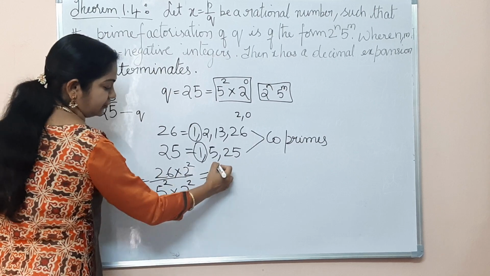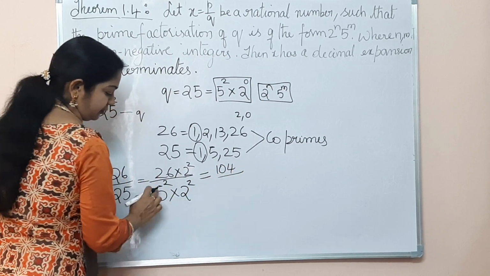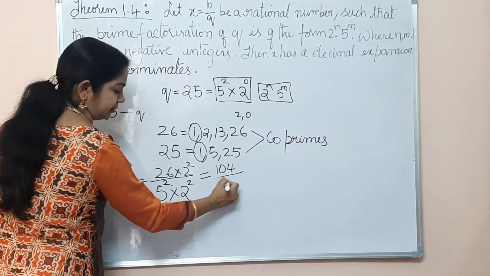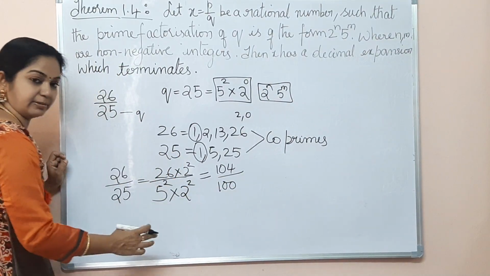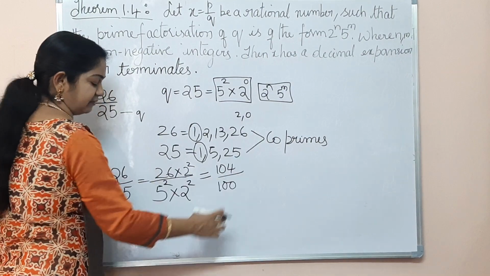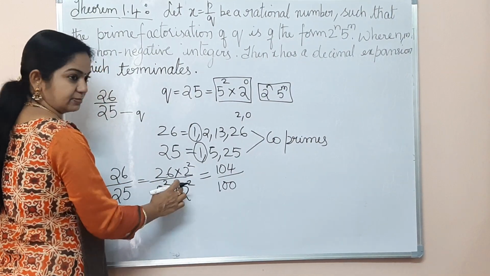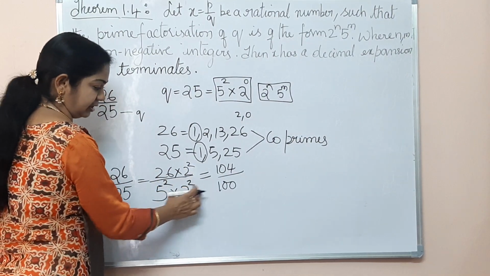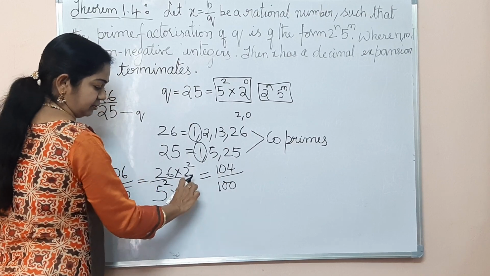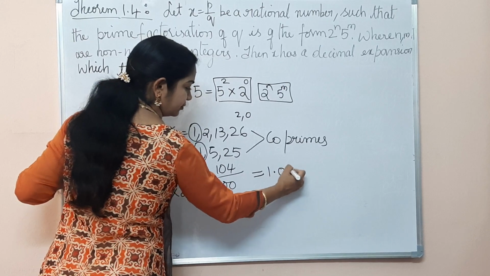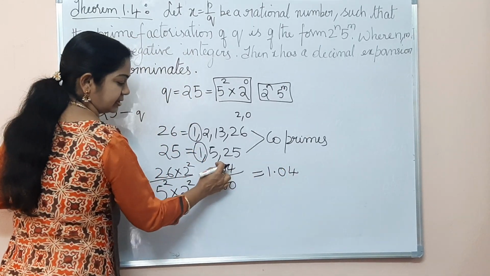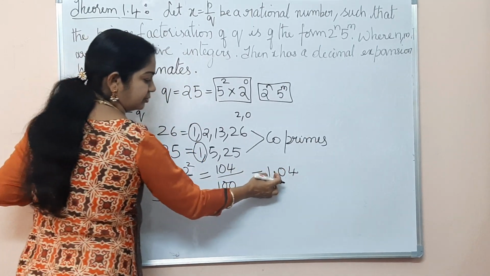So 26 into 4 is 104, and 25 into 4 is 100. I make the denominator a ten, hundred or thousand so that the simplification will be easier. This is nothing but 1.04. I've kept these two zeros, so the decimal point comes after 2 digits from the back.